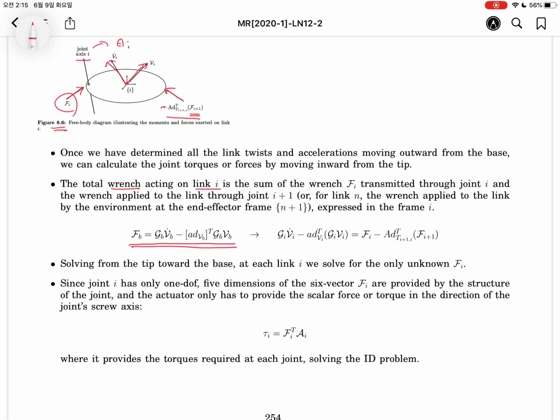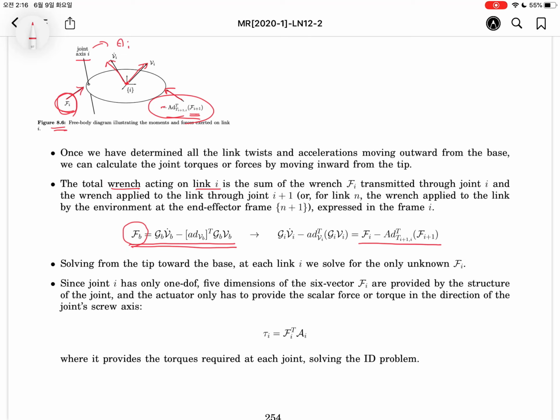In the previous lecture we derived this equation, right? Here the wrench part can be decomposed into two terms, this one and this one. So we have this equation.